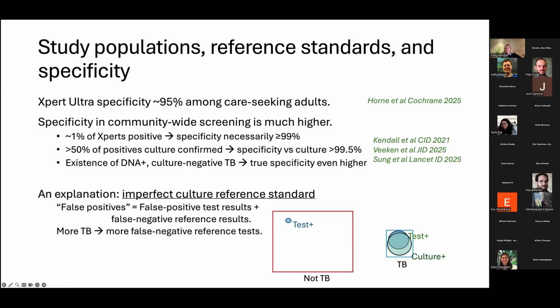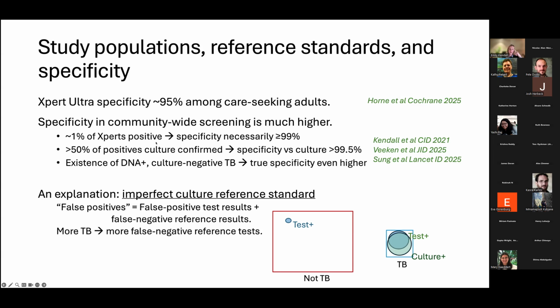And you often see that estimate applied to community screening contexts. But in reality, if you think about data that are available, it's pretty straightforward to know that specificity in community-wide screening has to be quite a bit higher than that.